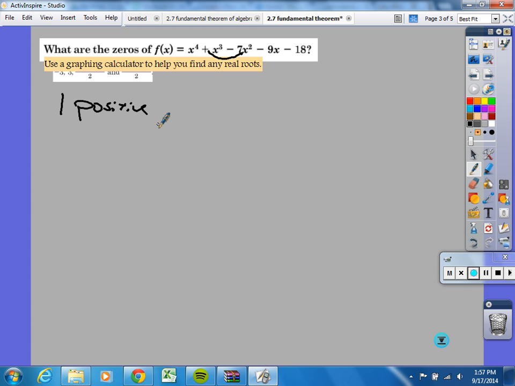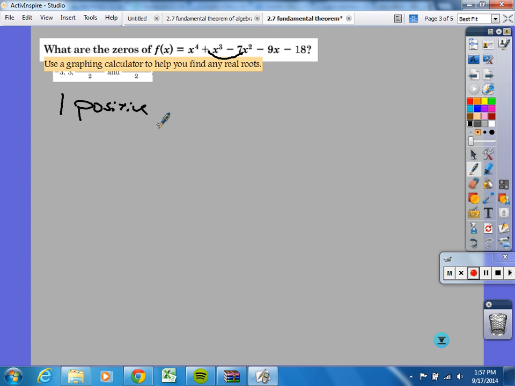Everybody there with me on that? There's going to be probably a question on your test using Descartes' rule of signs. How many possible zeros are negative? So you need to understand these, okay? How do I find the negative 0 possibility? Change everything. Change the coefficients and then look for the sign change, right?